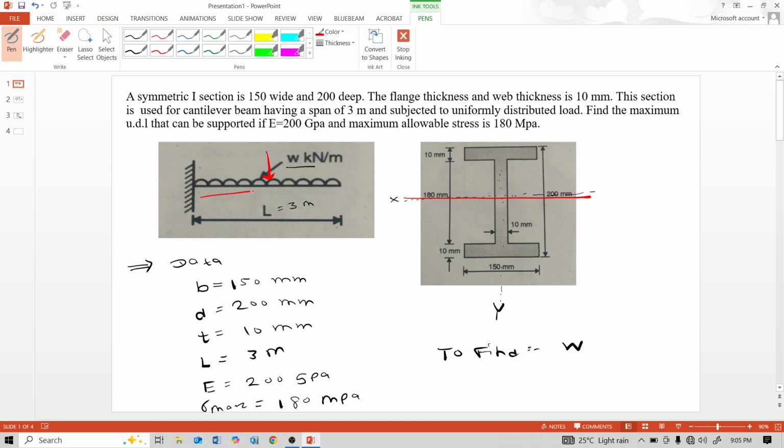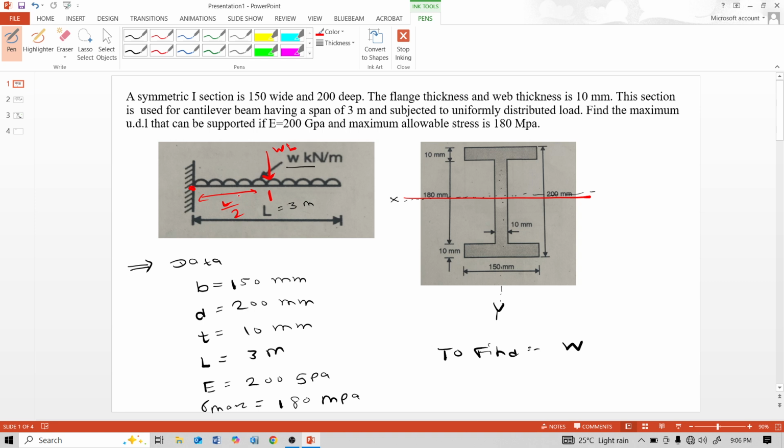That means at L by 2 distance from the fixed end, this W load, and take moment at the fixed end, this W into L. This load moment at this fixed end is WL into L by 2. That means bending moment is WL square by 2.